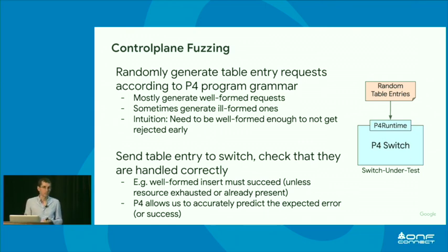Either the entry already exists in the switch, in which case it must reject it as already exists, or the switch is out of resources for the particular table that you're talking about, in which case the switch will say so. And in all other cases, the switch must accept the entry and install it in the hardware. And so this is pretty nice, because both on the input generation side, P4 makes it pretty easy to do that, as well as on validating whether the switch is doing the right thing.